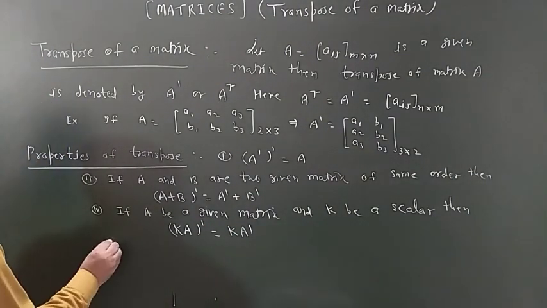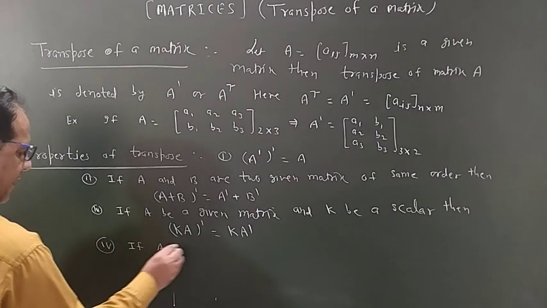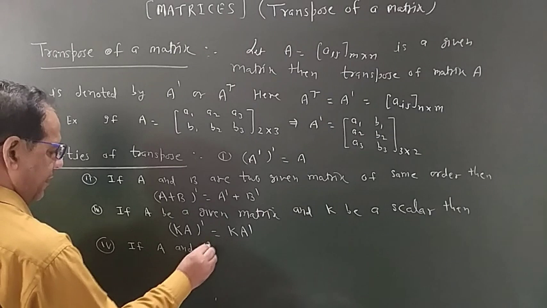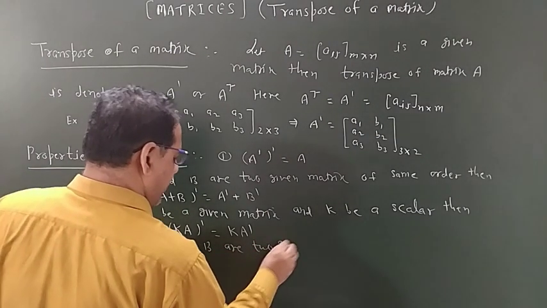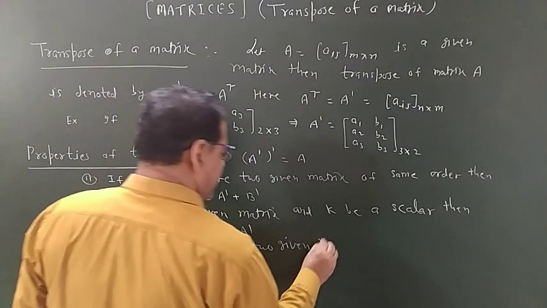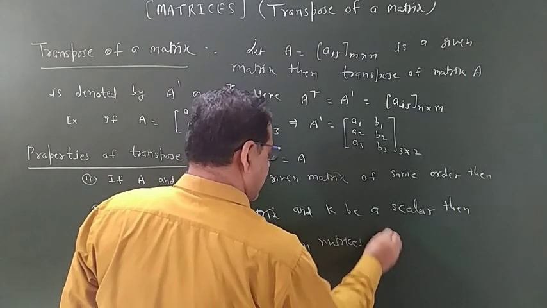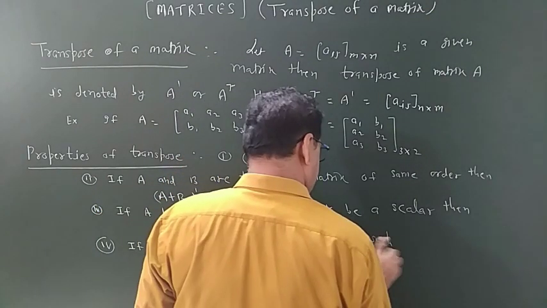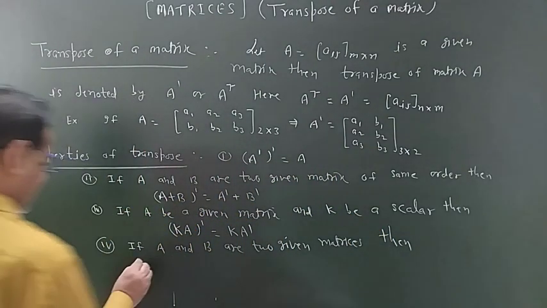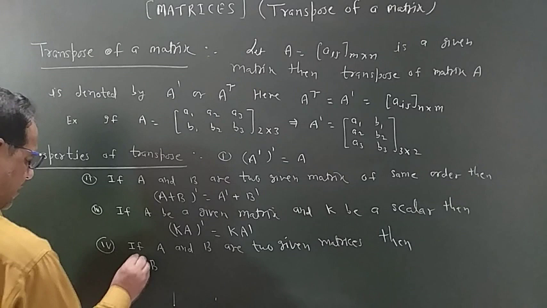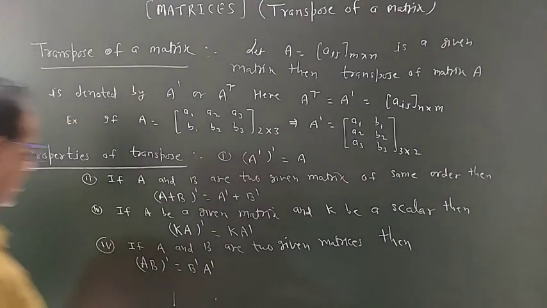And now the next property. If A and B are two given matrices such that AB is defined, then transpose of AB equal to B transpose A transpose.